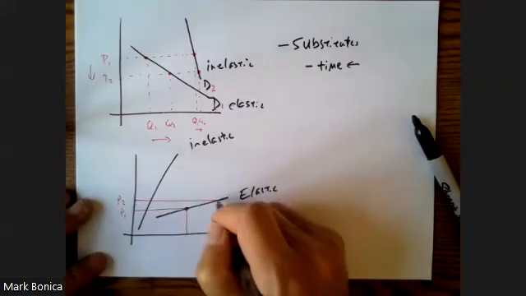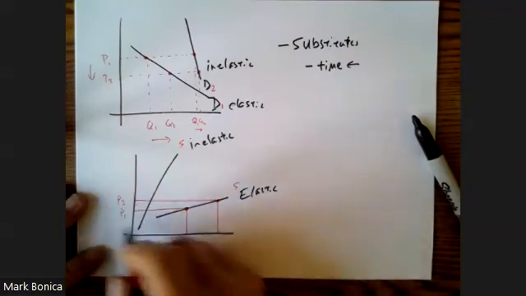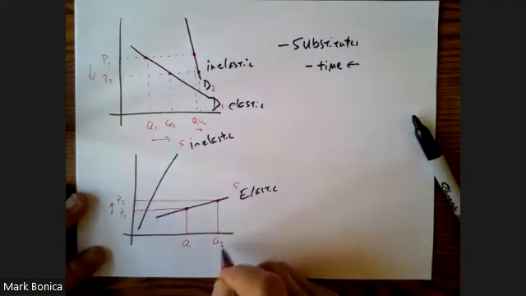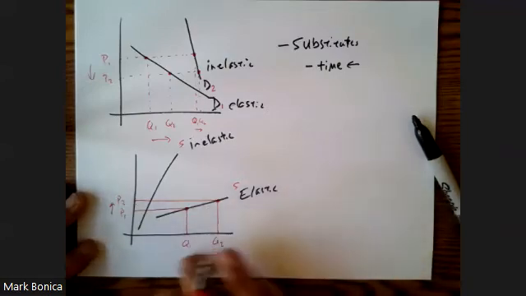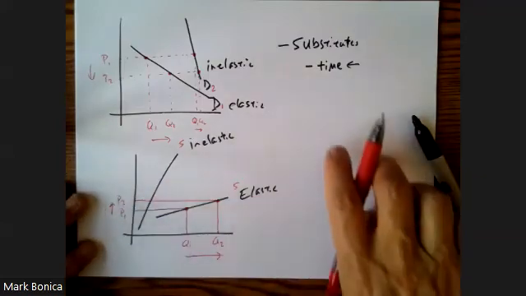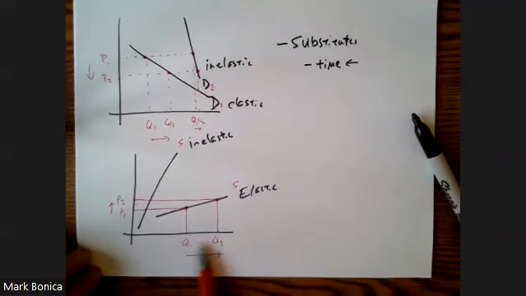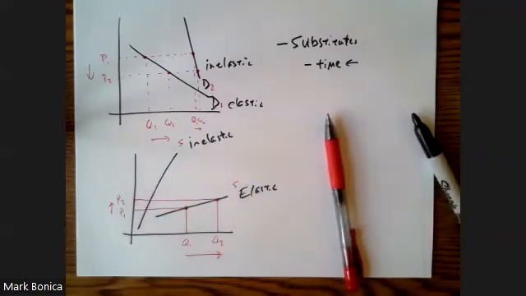So with the elastic supply curve, this is supply, a small increase in price results in a much bigger, right? Importantly, it's the relative size of the change in quantity to the relative change in price. The relative change in quantity, the gap between the two Qs, is much greater than the change in P's, right?